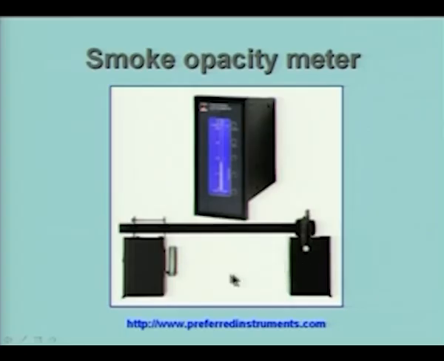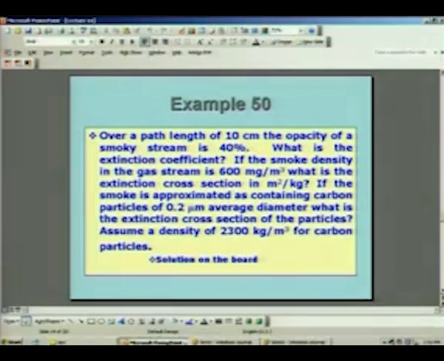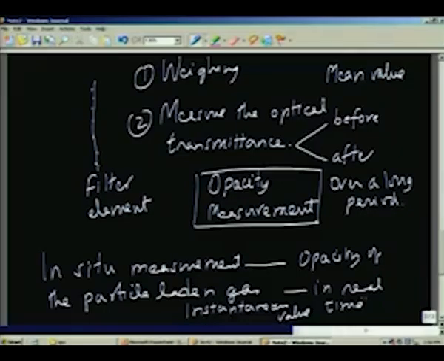So, this can be connected right at the exit of the chimney or the stack, and you can measure the concentration in situ. Before we take up that problem, let me describe some of the issues in that.